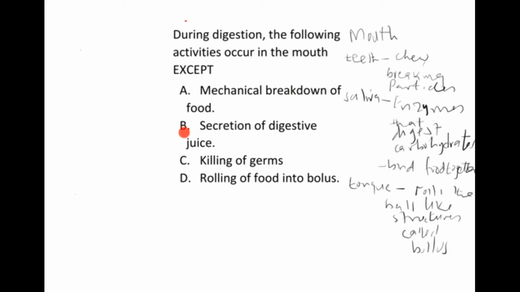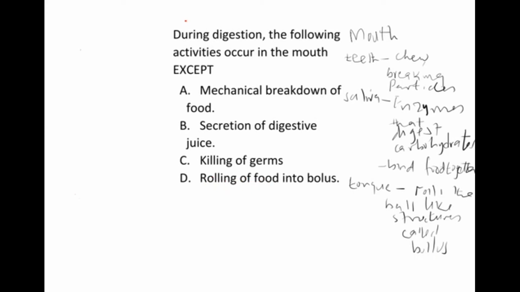B, we have secretion of digestive juice. The saliva that we have said is produced in the salivary glands is a digestive enzyme that helps in the digestion of carbohydrates. Killing of germs, nowhere have we said that it helps in killing germs in our explanation.